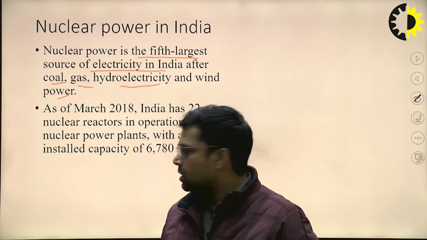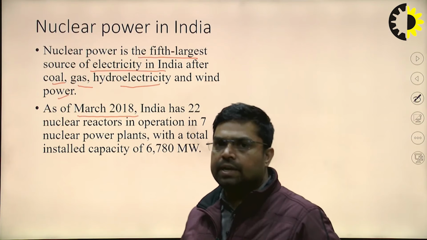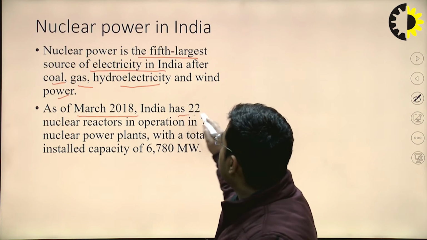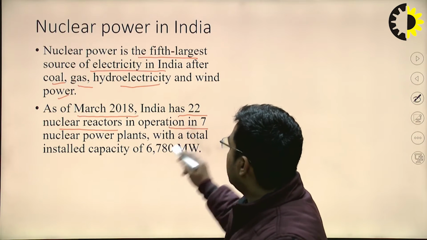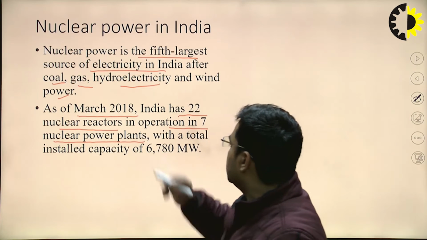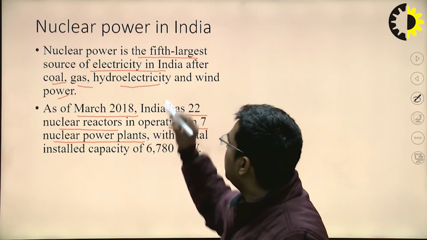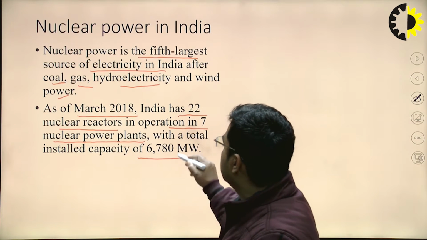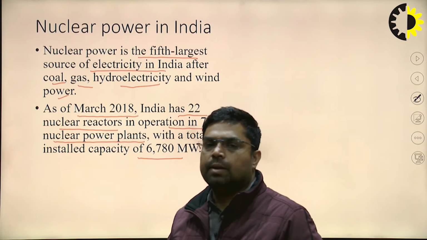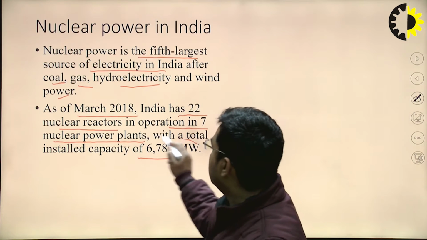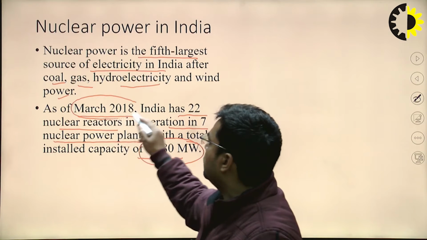As of March 2018, India has 22 nuclear reactors operated in 7 nuclear power plants, with a total installed capacity of around 6,780 megawatt, as of the 2018 data.